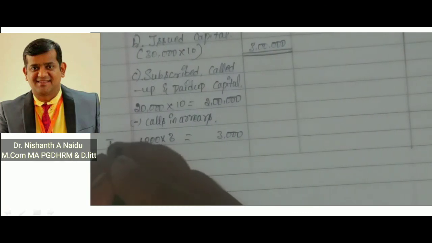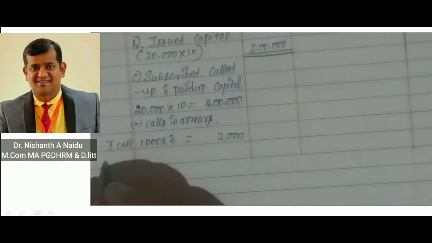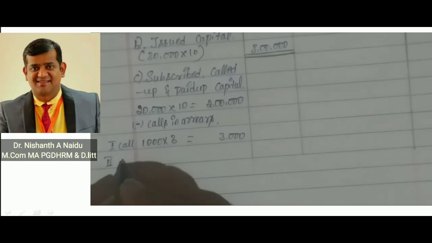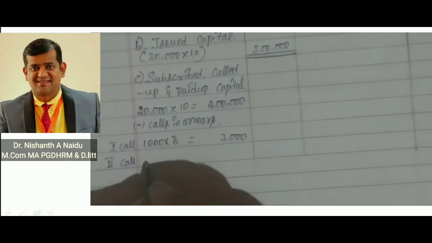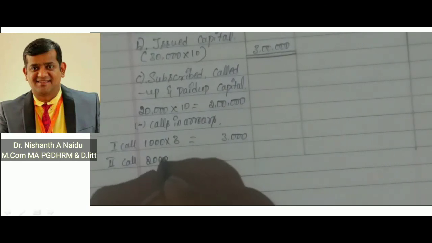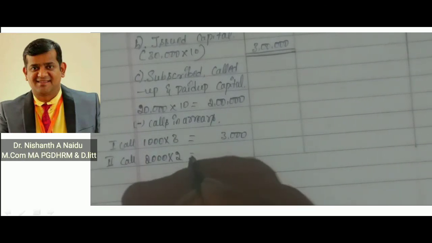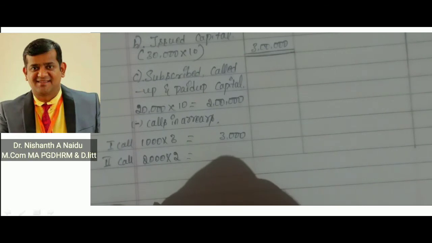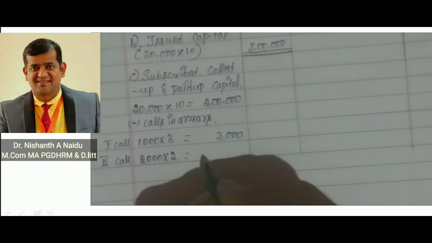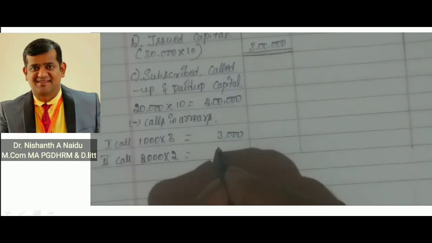For your reference, I am writing first call here. And another set of shareholders have not paid the second and final call money. How many shares? 2,000 shares, at rupees 2 each, because the second call money is 2 rupees. So 2,000 into 2 is 4,000 rupees.